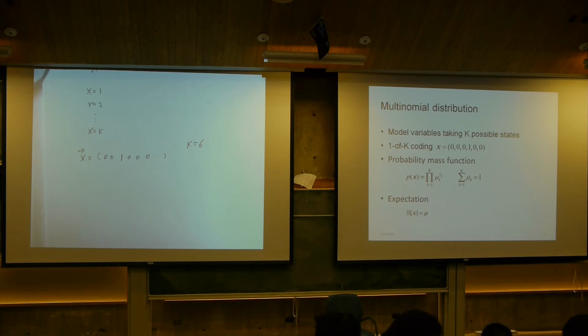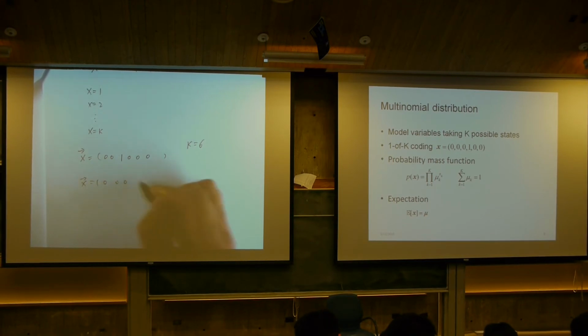For the dice example, it means that the dice shows 3. If you want to denote that the fifth outcome happens, the vector would be like this: the fifth component of this vector is 1, and all others are 0.